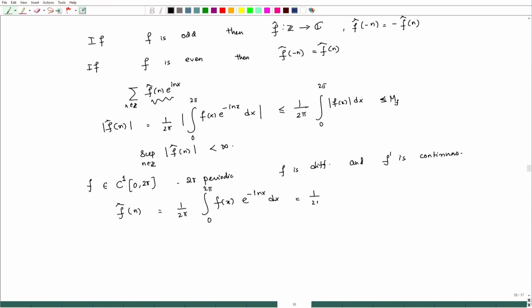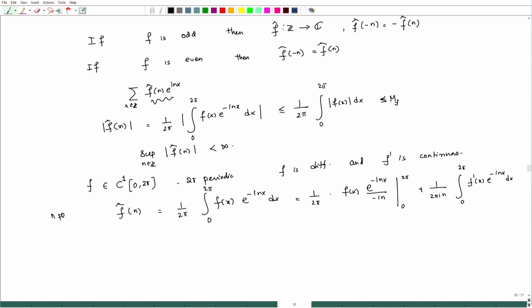So, if I apply that, this is f of x e to the power minus I n x by minus I n, provided n not equal to 0, from 0 to 2 pi, and then plus 1 by 2 pi I n, integral 0 to 2 pi of f prime of x e to the power minus I n x dx.